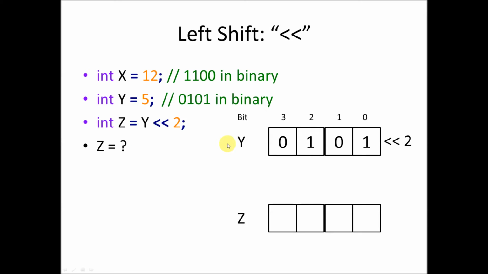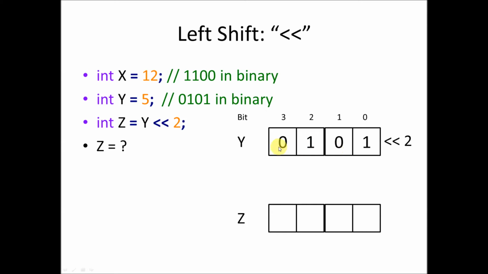Now we've got the two shift operators. Here we do y shifted left by 2. The 2 here is a constant, or it could even be a variable, that defines how many bit locations we want to shift the bits in y to the left.